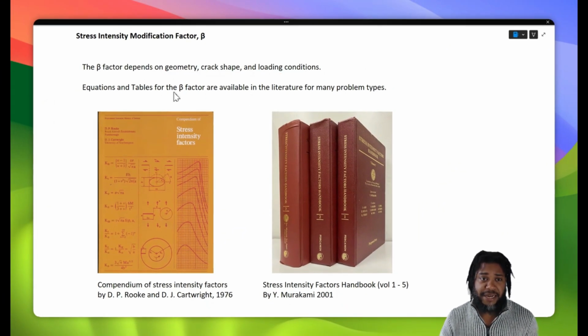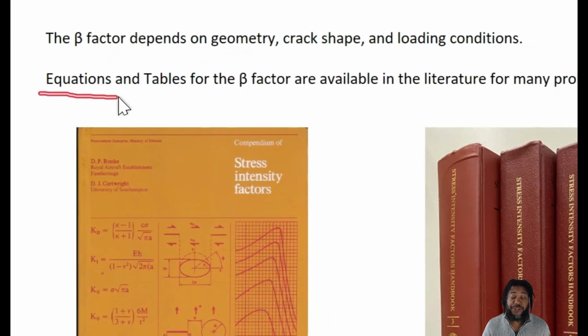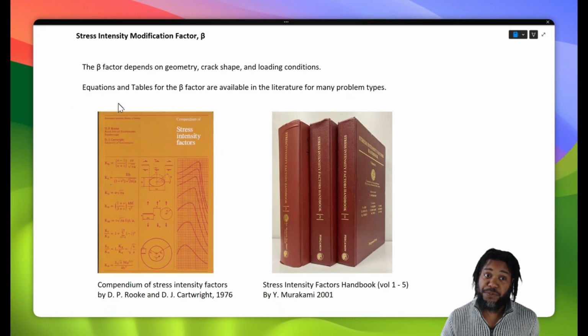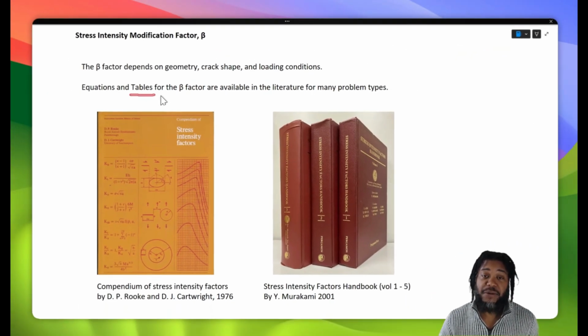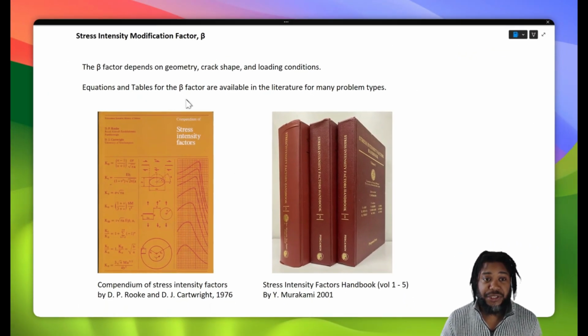Now, this beta factor can be found a number of ways. In some cases, there are equations that we can use for specific geometries. In other cases, there are tables, and there are even charts that we can search through to figure out our beta factor for a specific problem.